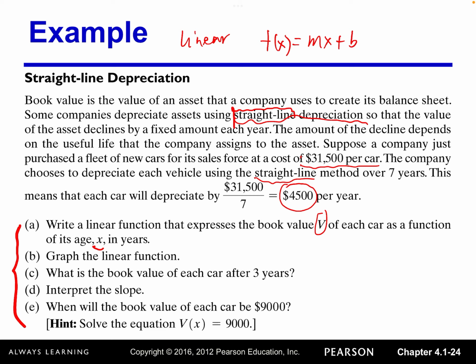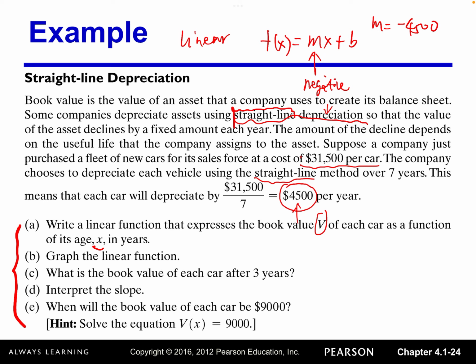And then another keyword is depreciation. Depreciation means decline, so that indicates the slope is a negative number. So how much is depreciated each year? $4,500 per year. So we know the slope equals negative $4,500.